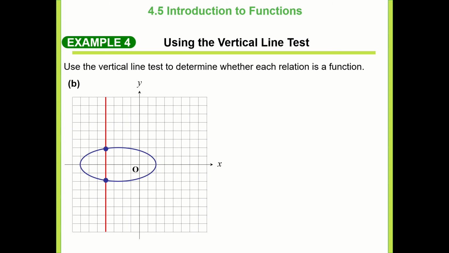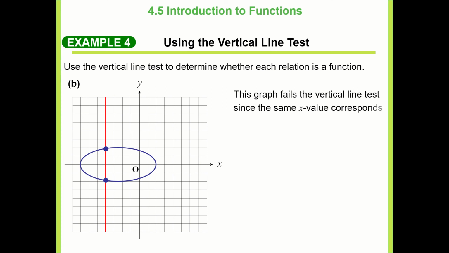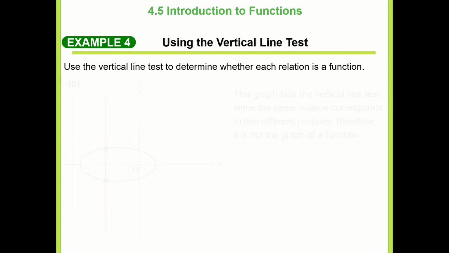What is the vertical line test? It's not a function. The same x here, yes, we have two y values. For one x, we have two different y values. That's the rule. So, this is not a function.